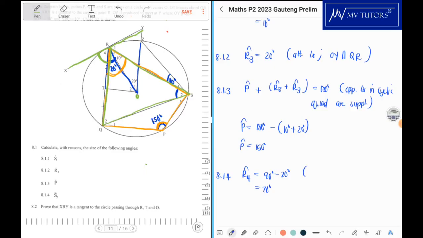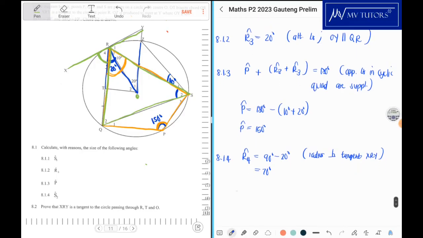And why is that? What's a simpler way of saying it? Radius is perpendicular to tangent. Okay, so we have R4 is 70 degrees, and as such, R4 is equal to S2, which would be equal to 70 degrees.